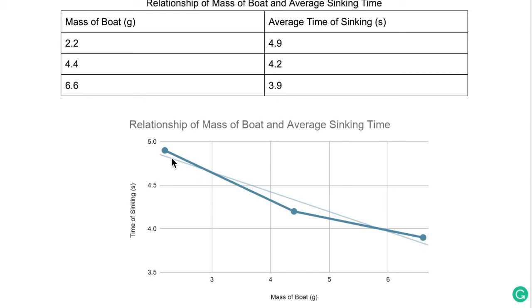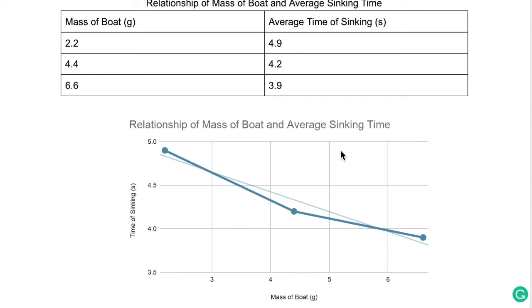And overall, because you have these different straight lines connected, you can probably predict what is the time for sinking for example, when there is 3 grams for the mass of the boat, which would be over here about 4.6. But then you can see that this graph isn't straight.